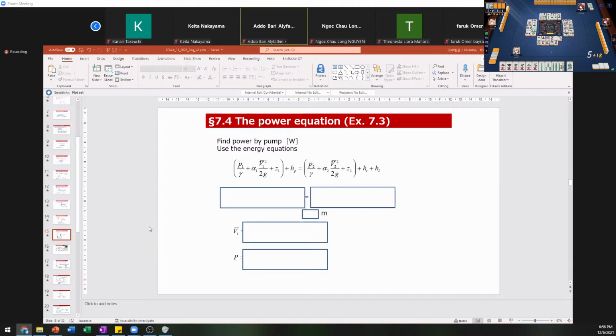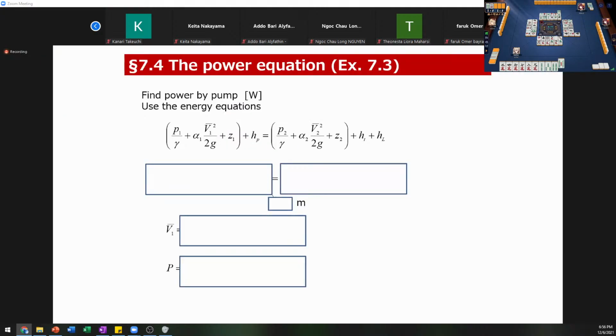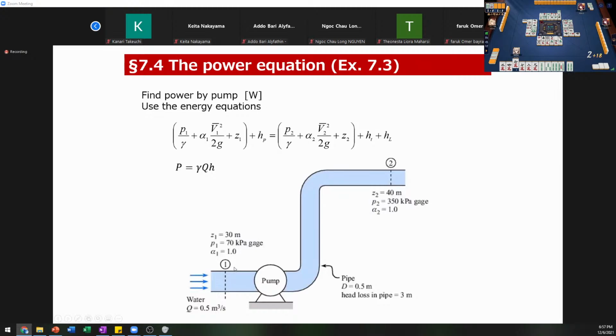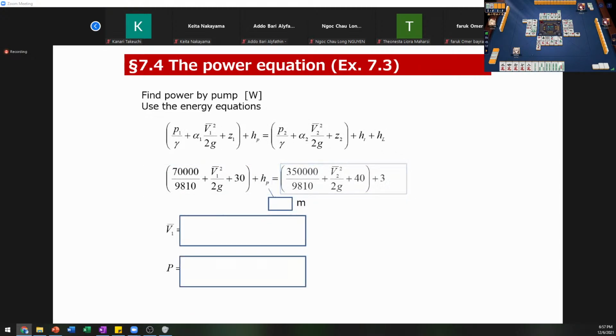Okay, let me briefly explain this solution. Starting from the energy equations, from 1 to 2, you can substitute all the numbers here. The question is what's the pump head here, and then you will get 41.5 meters.